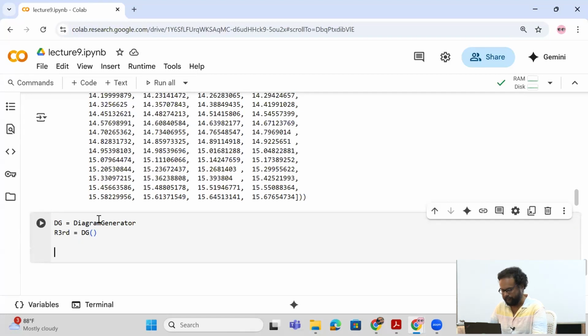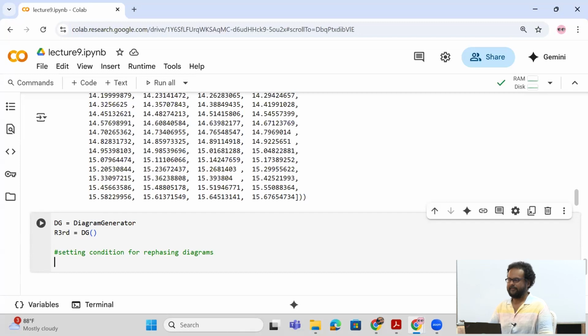Let's say we set the condition for rephasing diagrams. So what is the rephasing condition? Anybody? Phase matching. Minus k1 plus k2 plus k3.